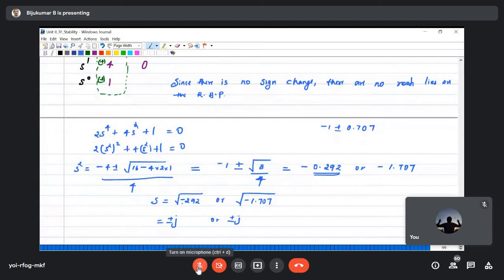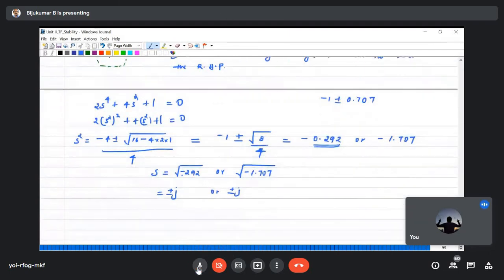And root of 1.707. 0.540. The other one? 1.306. Okay. So here we have two complex conjugates.